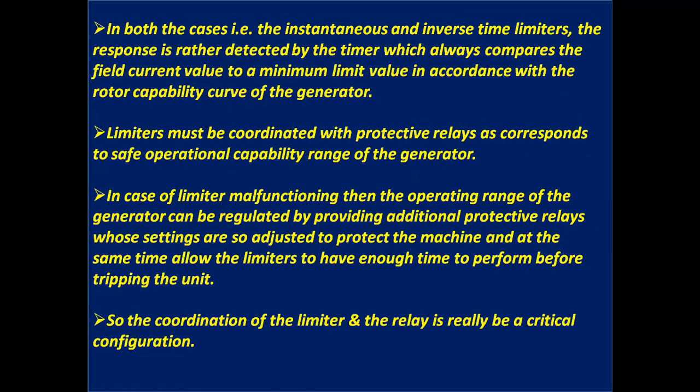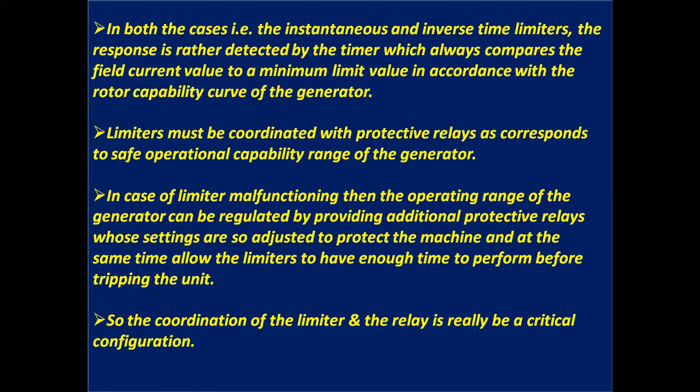In both cases, that is instantaneous and inverse time limiters, the response is detected by the timer, which always compares the field current value to a minimum limit value in accordance with the rotor capability curve of the generator. Limiters must be coordinated with the protective relays as corresponds to the safe operational capability range of the generator.